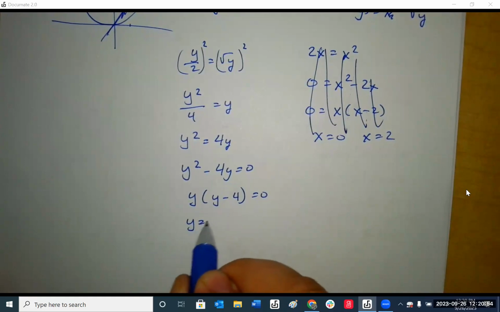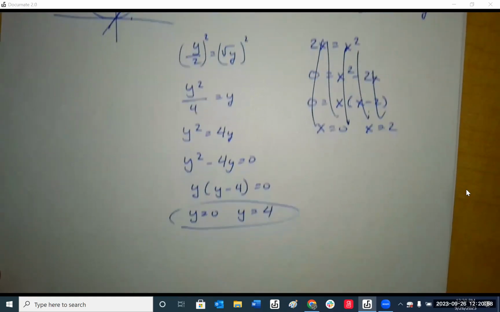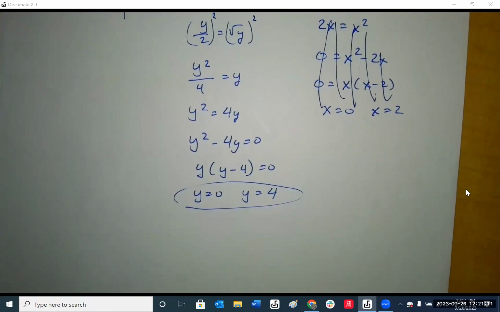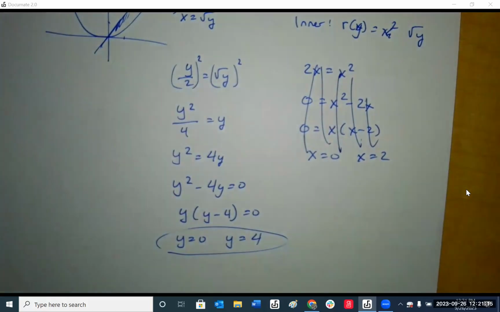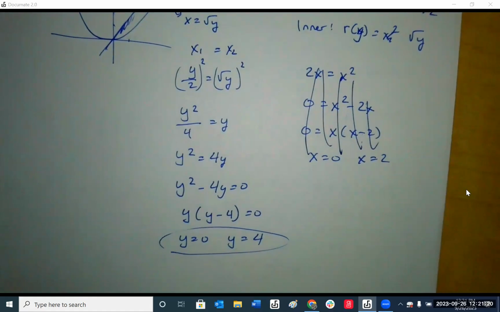So our bounds of integration are from 0 to 4. Because you set the two equations equal to each other. So equation x1 equals x2.